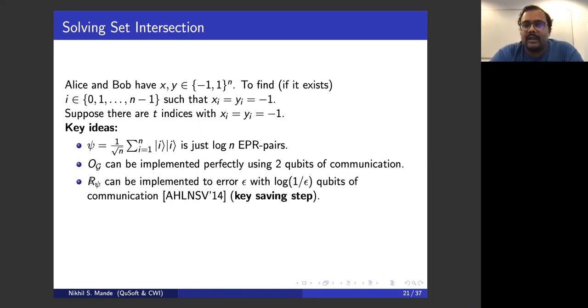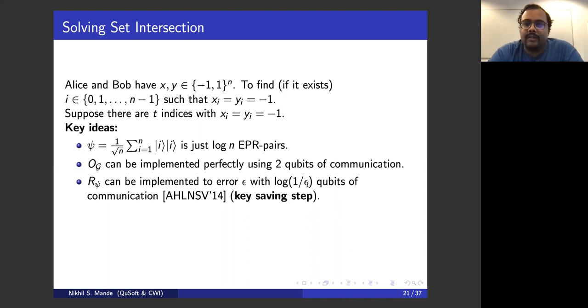But it turns out that rather than the naive protocol of log n for reflecting around ket psi, there's a result due to Aharonov, Harrow, Landau, Nagai, Segedi, and Vazirani that allows us to reflect around ket psi with log 1 over epsilon qubits of communication, but at the cost of an error of epsilon in the angle reflected.